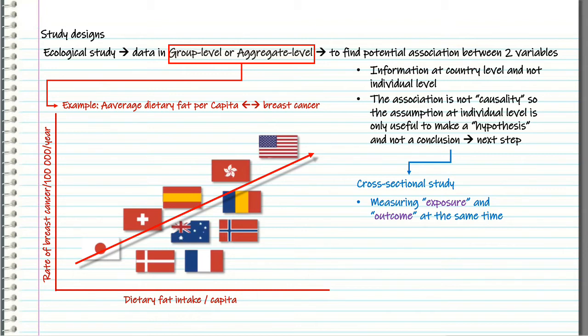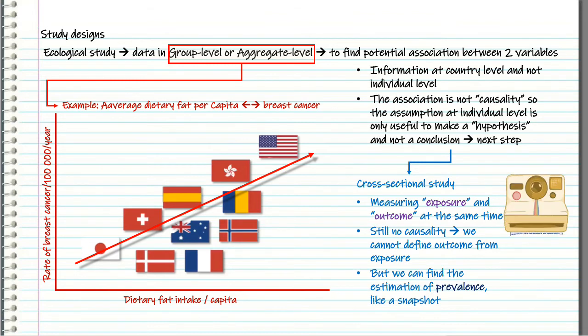As I have mentioned many times and insist on mentioning again, the cross-sectional study does not show causality, and we cannot define the outcome from the exposure. But we can find and estimate the prevalence, and this is like a snapshot.